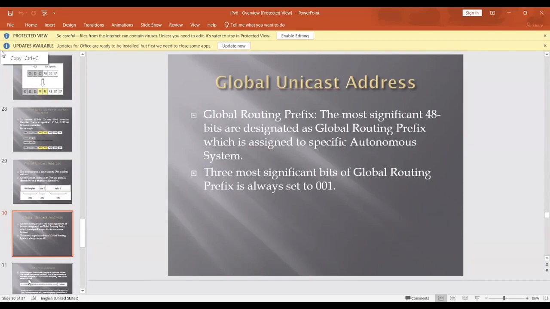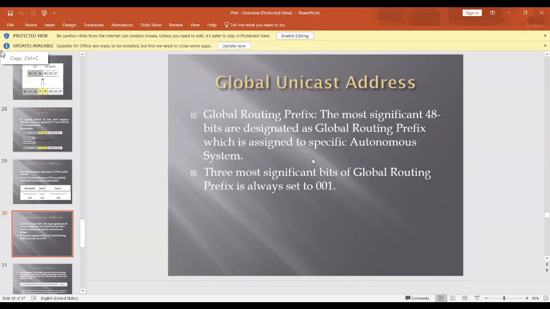And in the global unicast address, the most significant bits are designated as the global routing prefix, which is assigned to a specific autonomous system. Because you know that when it comes to public IP addresses, most of the time they are provided by ISPs, internet service providers. To recognize the internet service providers, they are assigned an autonomous number by IANA, the global numbering governing body. You can search on Google what IANA is.